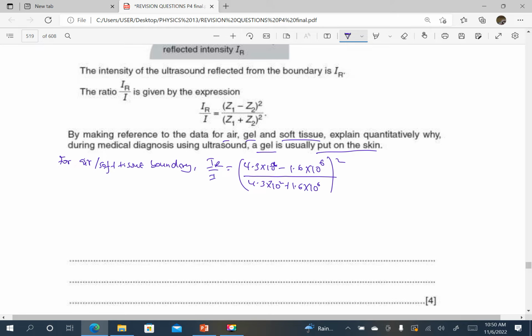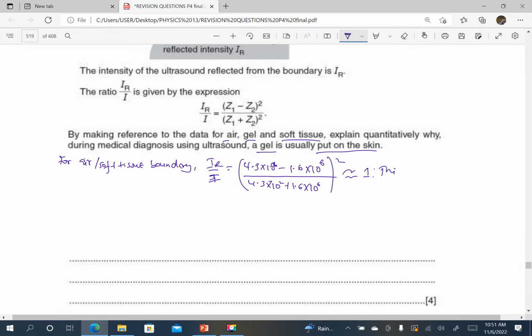I press my calculator. To one significant figure, this is approximately equal to 1. And what does this one mean? This means almost complete reflection. In other words, the intensity reflected is almost the incident intensity. It's like all that is incident on the boundary is reflected back.